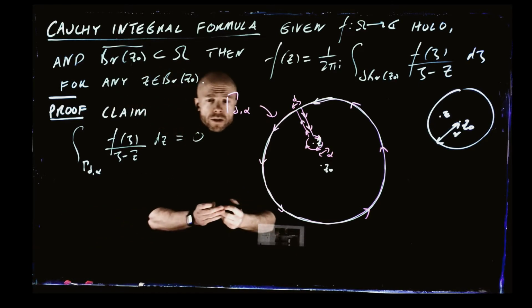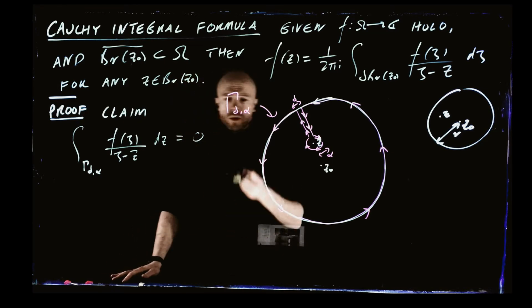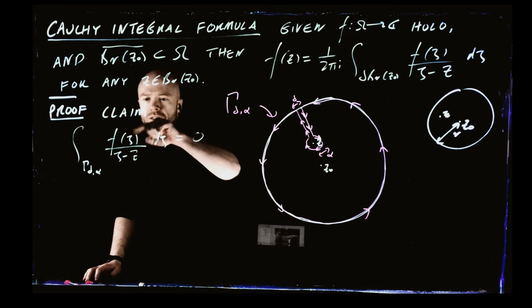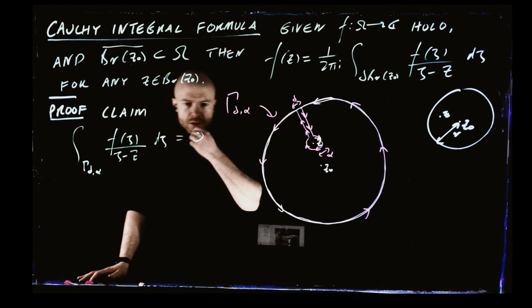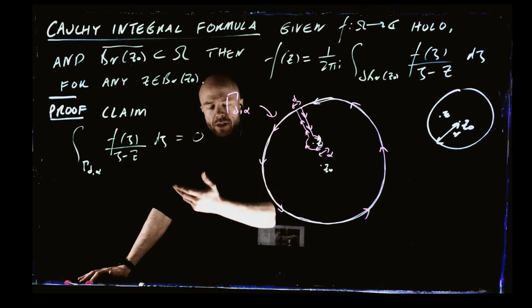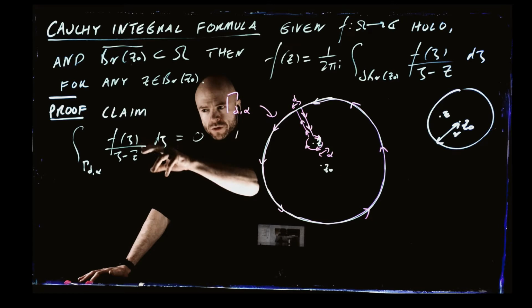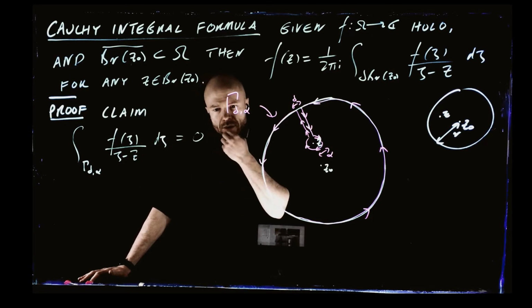Tell me why this is true. So we're thinking of this as a function of zeta. z is just fixed, right? It's in this ball here. So is our theorem inapplicable because we consider this function, f of zeta over zeta minus z? Does that mess things up for us? How would it fail?